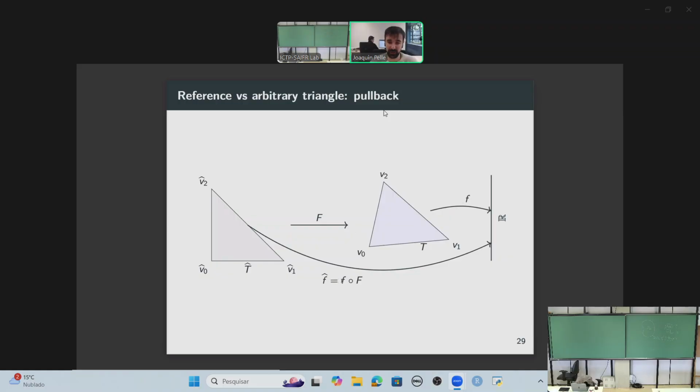And this composite map is what is called the pullback. I'm bringing this map f, pulling it back via this big F to the reference triangle, to get now a real function, but on my reference space, my reference triangle.